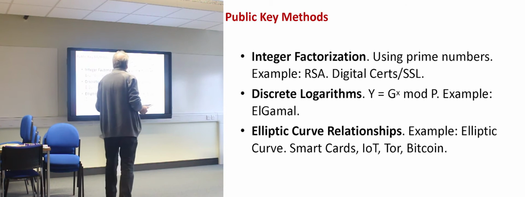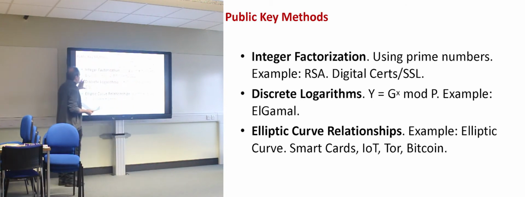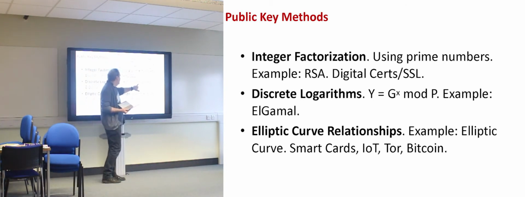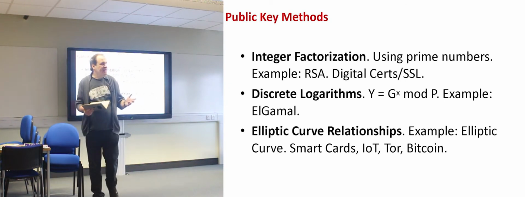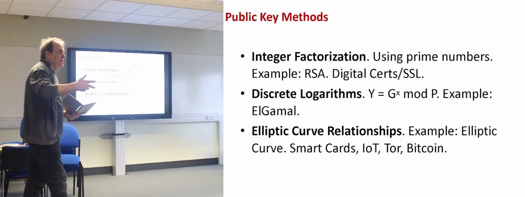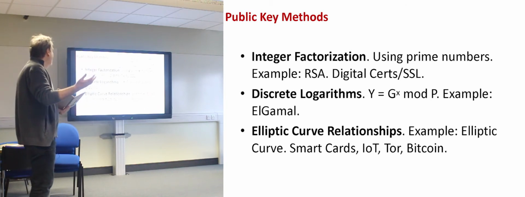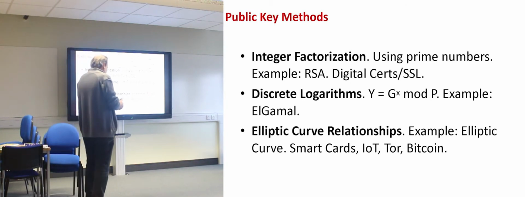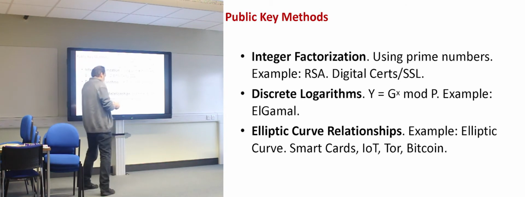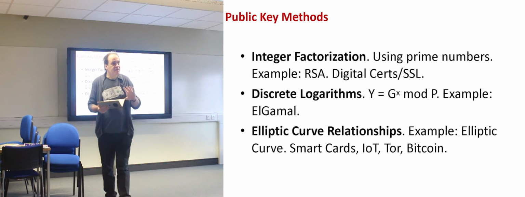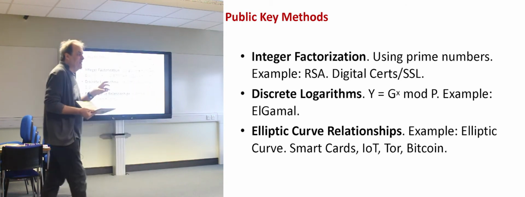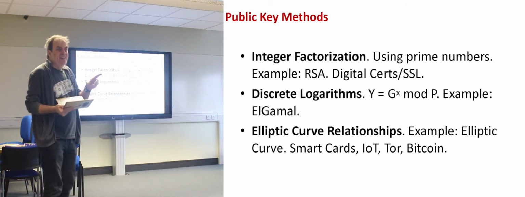So the other method that we have is discrete logarithms. We take a prime number and we take what's called a generator, and then we raise it to a random value, x. And even although we know the value of y, we know the value of g, we know the value of p, because of discrete logarithms, it's really difficult for us to find x in there.